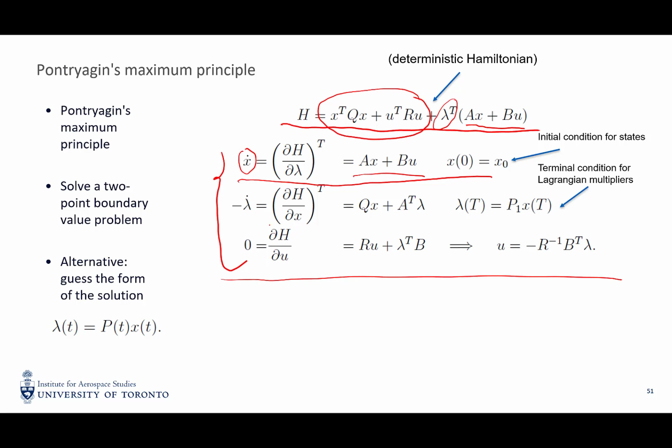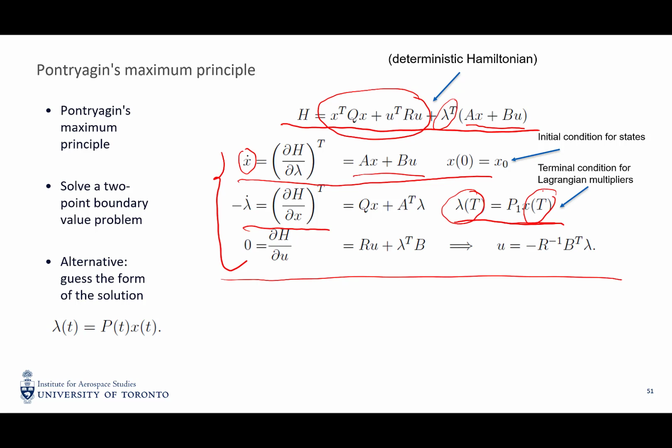And the second one is the dynamics of the Lagrangian multiplier, which is obtained by taking the derivative with respect to x. However, you will see that this Lagrange multiplier must be the same. So its terminal value is determined by the terminal value of x.